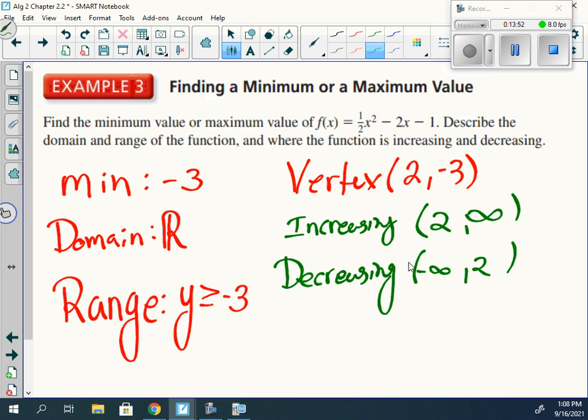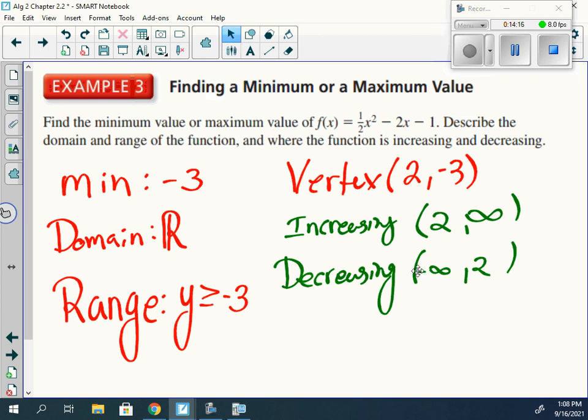So if you end up taking higher levels, especially college algebra, and they ask about where it is increasing and decreasing, they're not going to accept, oh, from the left of this point and to the right of this value. No, they want the actual interval. So when we talk about increasing and decreasing, we're talking about on the interval of the x-axis. Where is that happening? And this is it. That's all we're going to do for this here.